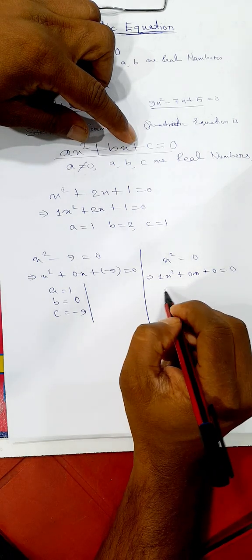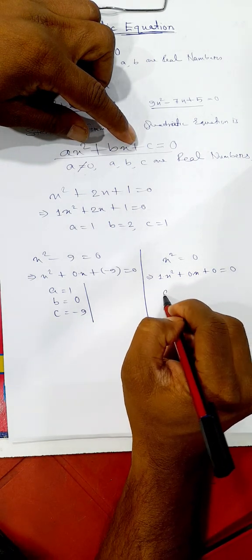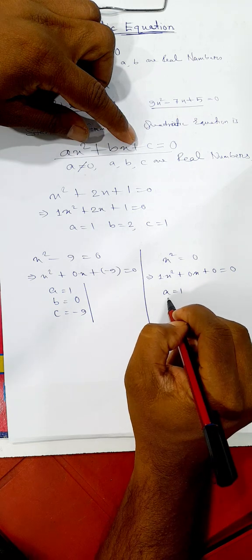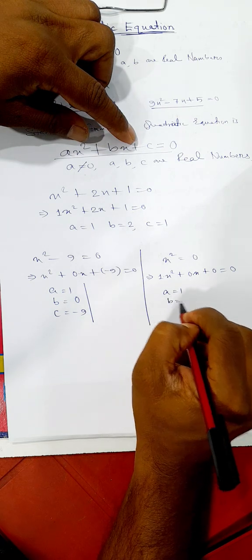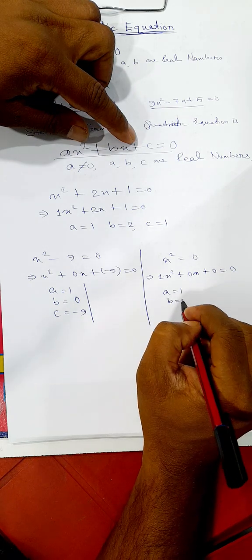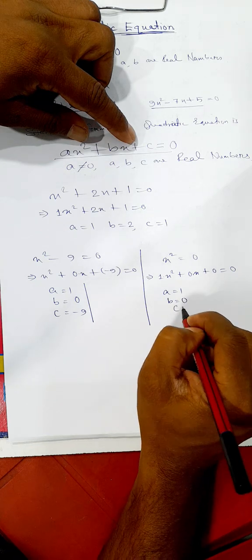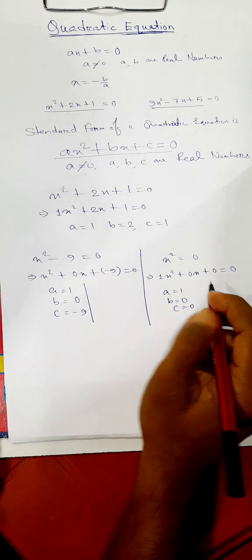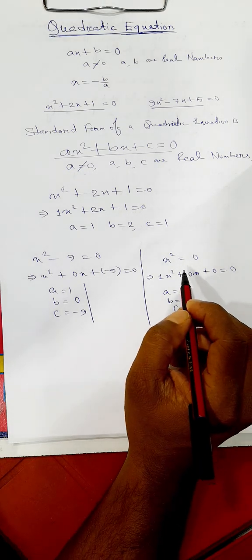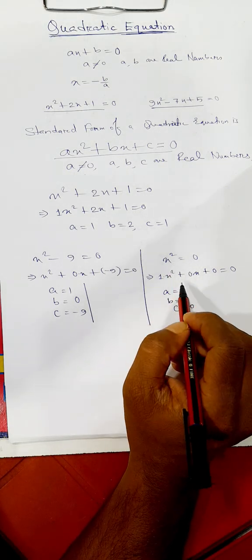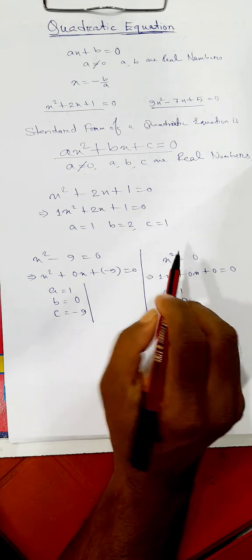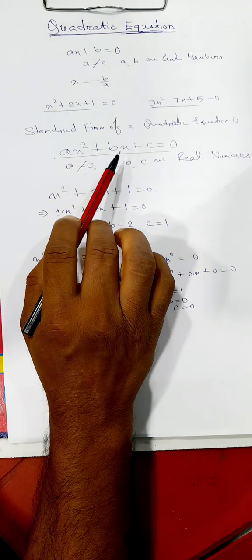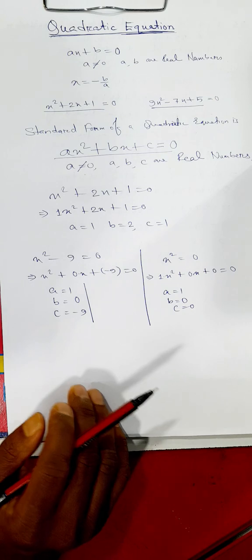Here the coefficient of x square is a equal to 1, the coefficient of x is 0, and the constant term is also 0, right? So a quadratic equation x square equal to 0 can be compared with the standard form of quadratic equation ax square plus bx plus c equal to 0.